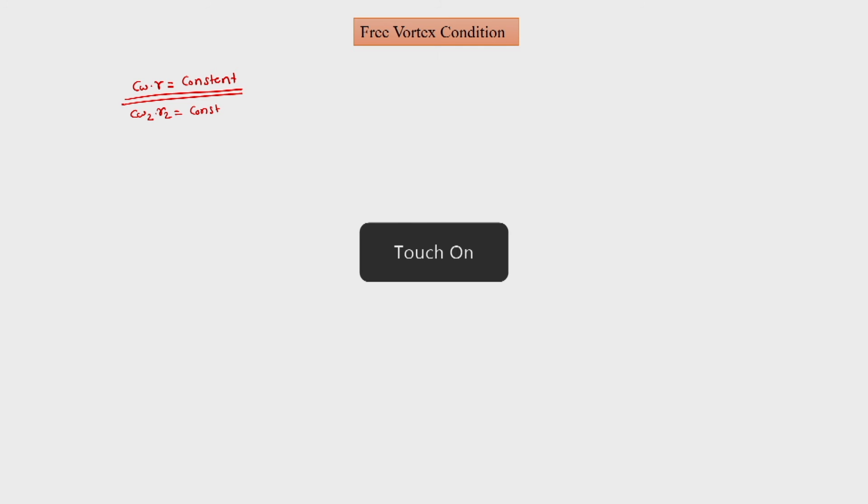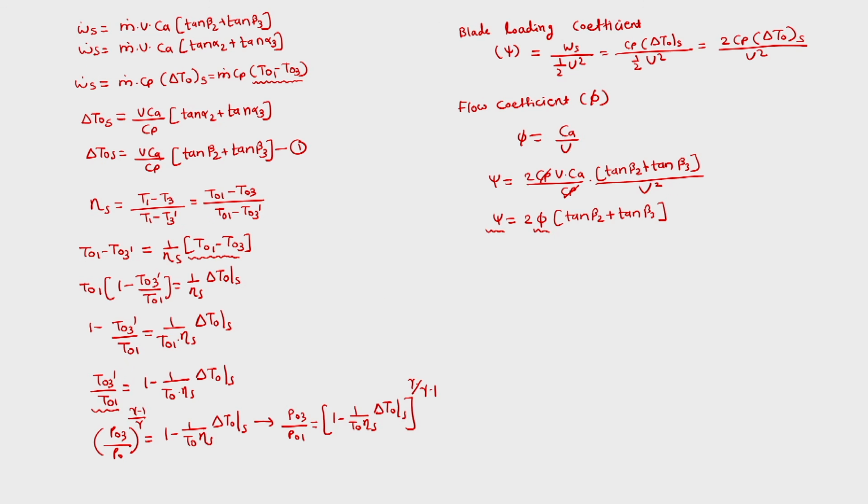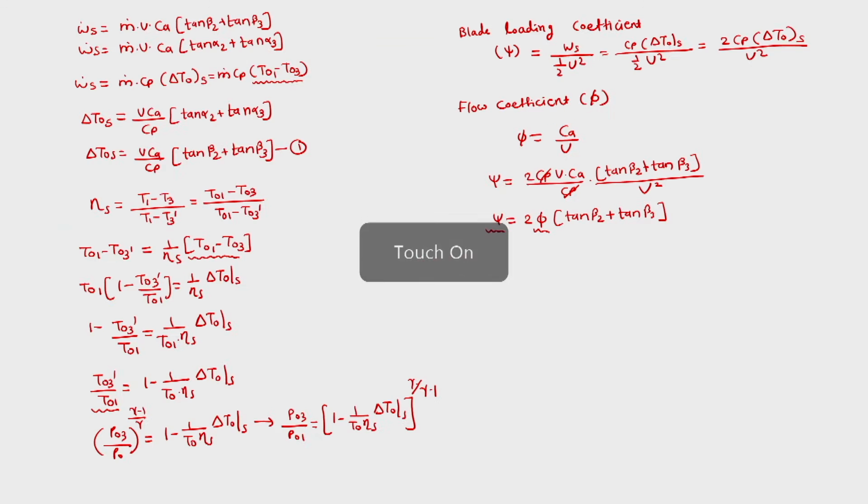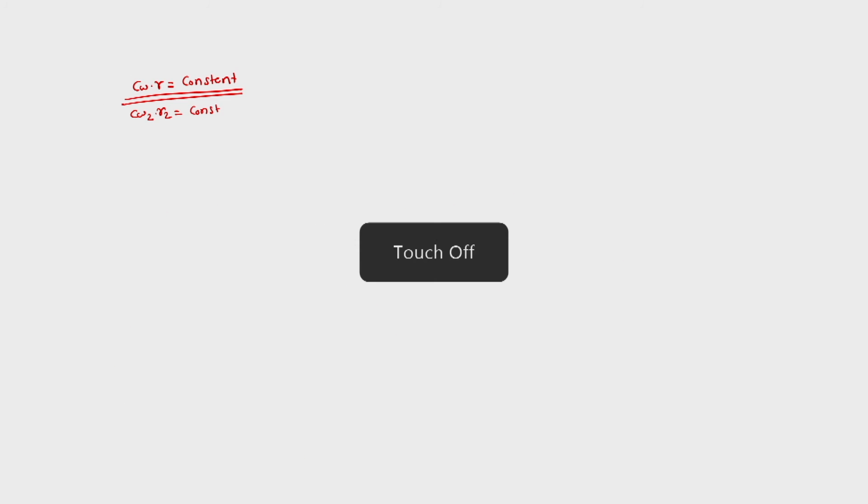From the velocity triangle we can find out Cw2. Cw2 is equal to Ca tan alpha 2. So we can write this expression for Cw2, which is equal to Ca tan alpha 2, into R2 is equal to constant. Ca is a constant, so we have R2 into tan alpha 2 is a constant.